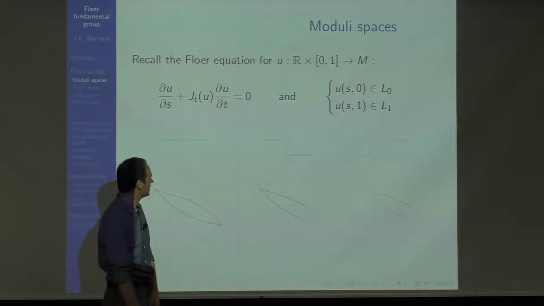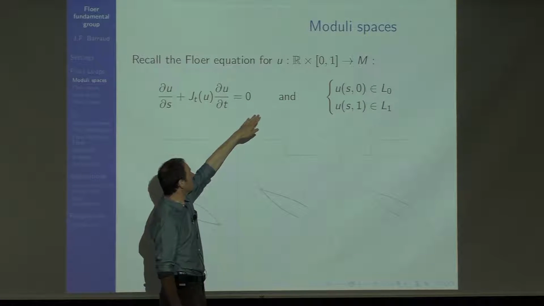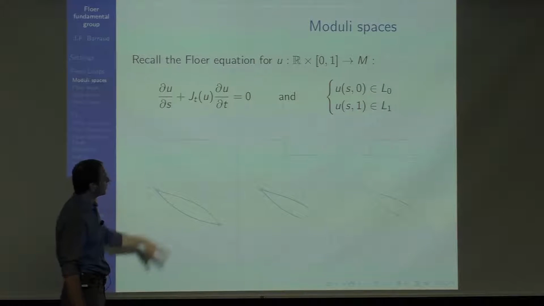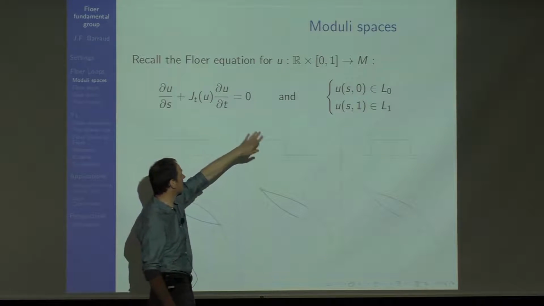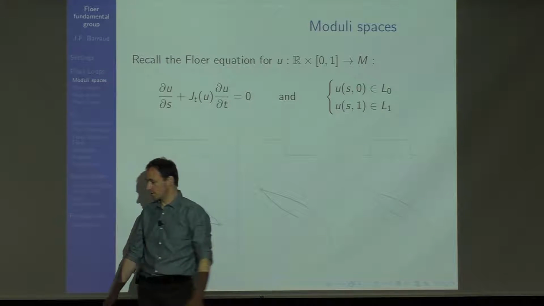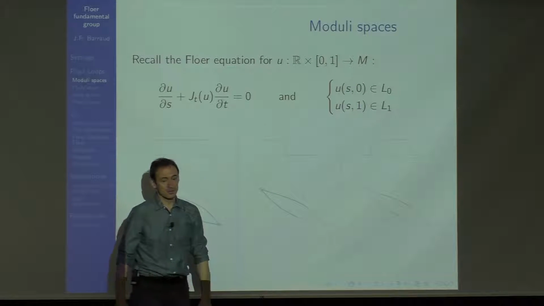It works the same way. So let me recall the Floer equation. A Floer trajectory is a map from R cross [0,1], a strip, to M that is J-holomorphic, and you have the usual boundary conditions that one side of the strip is sent to L0 and the other side is sent to L1.